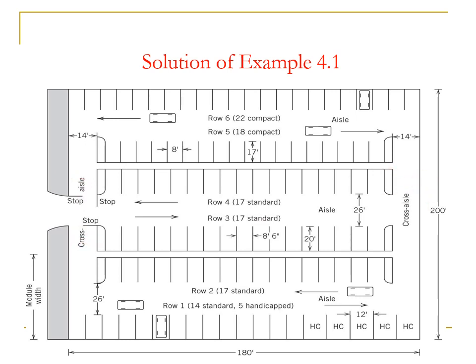The same thing here, only 17 standard cars, and here we have 14 standard cars plus 5 handicapped cars. And this is the entrance and these are the aisles. So we were able to accommodate these many compact, standard and handicapped parking spaces in the given area.